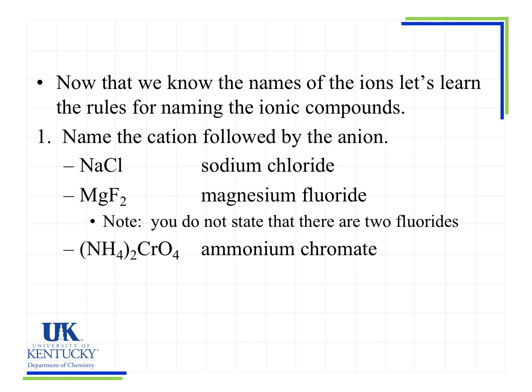So you know the name of the ions. Now let's see how we name an ionic compound. The first step, you name the cation, and that is followed with the name of the anion. For example, NaCl. It starts with the name of the cation.